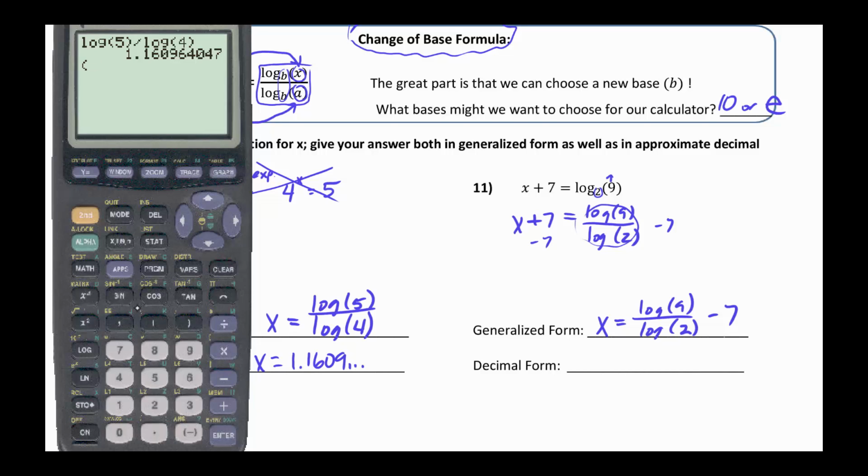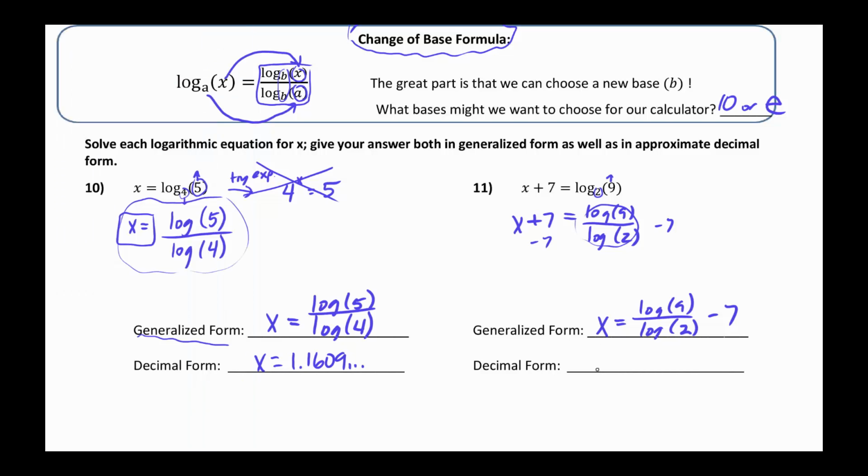Whenever you're doing major things, like rewriting this whole big fraction, I like to group that all together in a superior set of parentheses. So this is a logarithm with 9 inside, divided by another logarithm with a 2 inside. And since I have this first parenthesis, I have to close it. That captures all of these things into this one group. After that group, I have a minus 7. So that's just subtracting 7, hit enter, and I get negative 3.83.